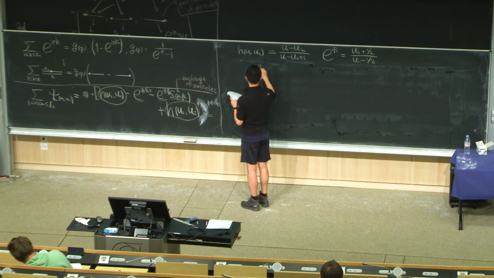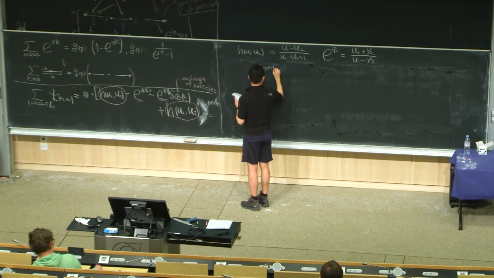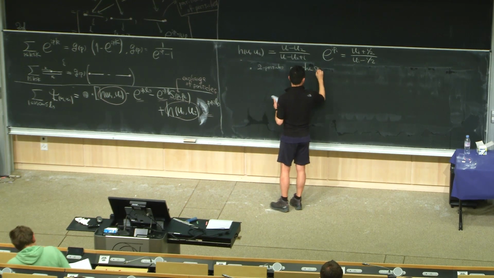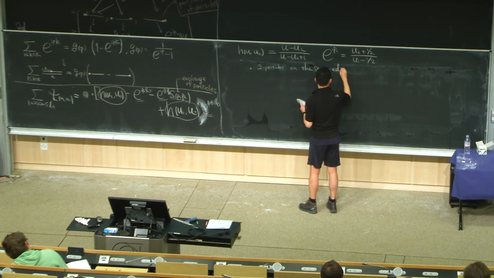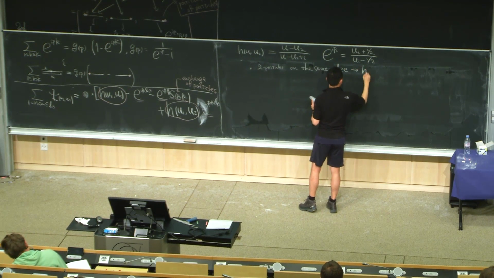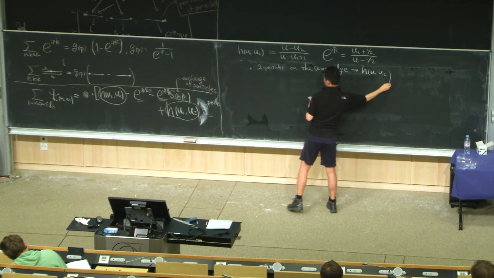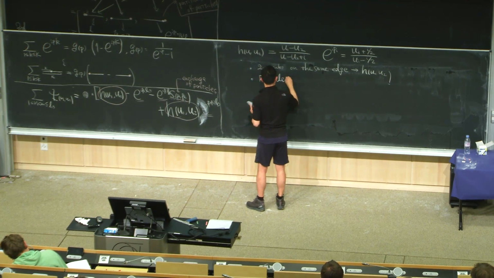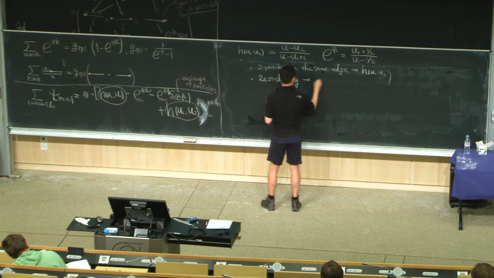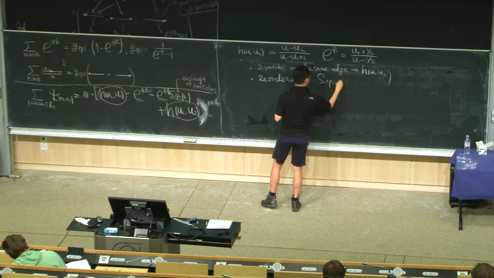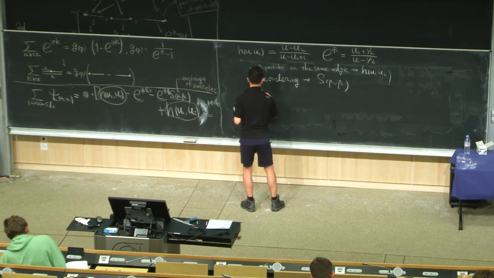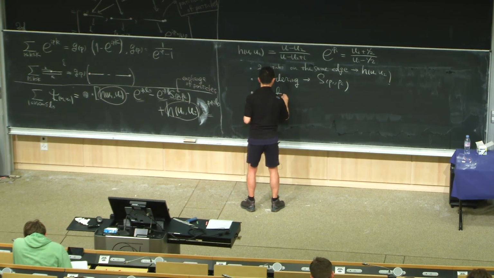The two particles on the same edge produce h(u1, u2), and reordering produces S(p1, p2), and then there are exponential phase factors.